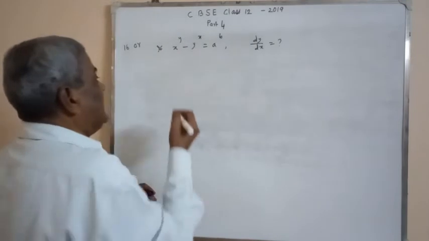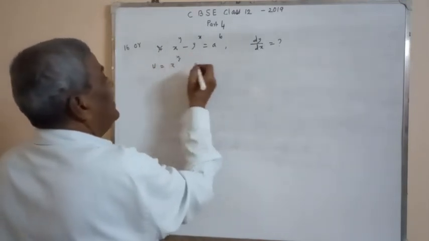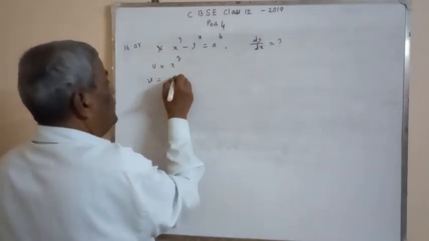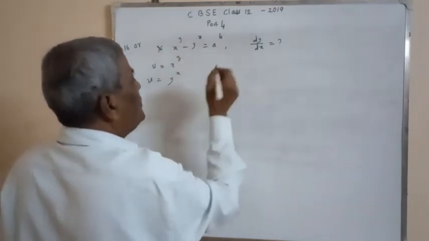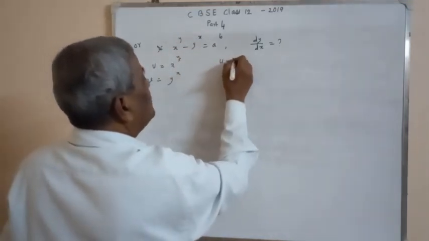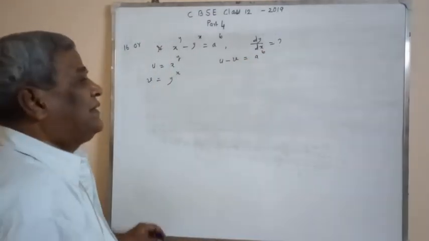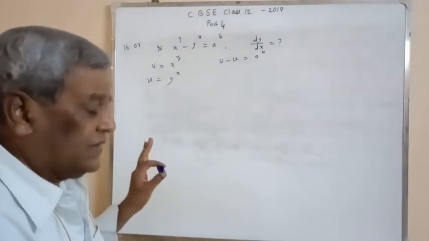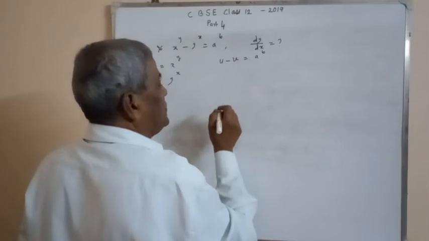For that purpose, let us take u is equal to x to the power y and v is equal to y to the power x. Therefore, the relation becomes u minus v is equal to a to the power b. Mind that a to the power b is a perfect constant. Now differentiate both sides with respect to x.